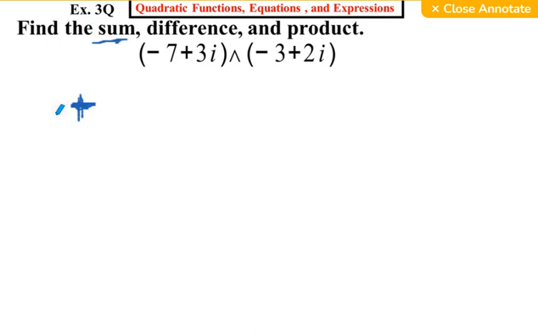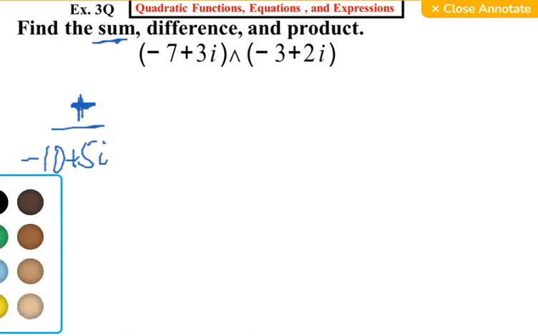Joel, what'd you get for the sum? Joel, couldn't hear. Sorry. Negative 10 plus 5i. That is correct. Pass someone. Difference.